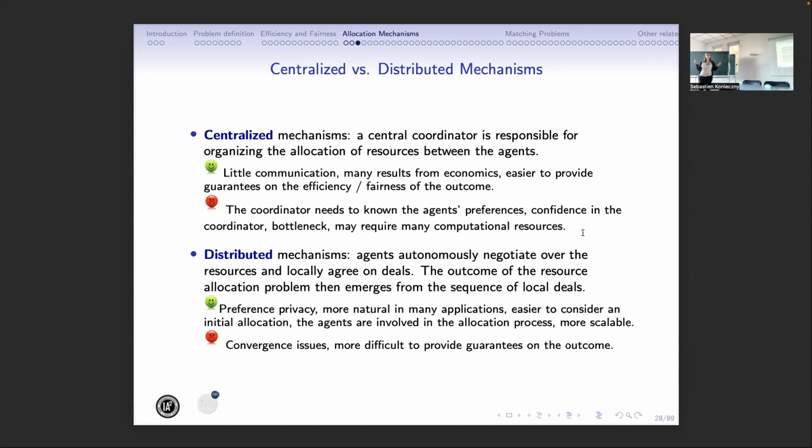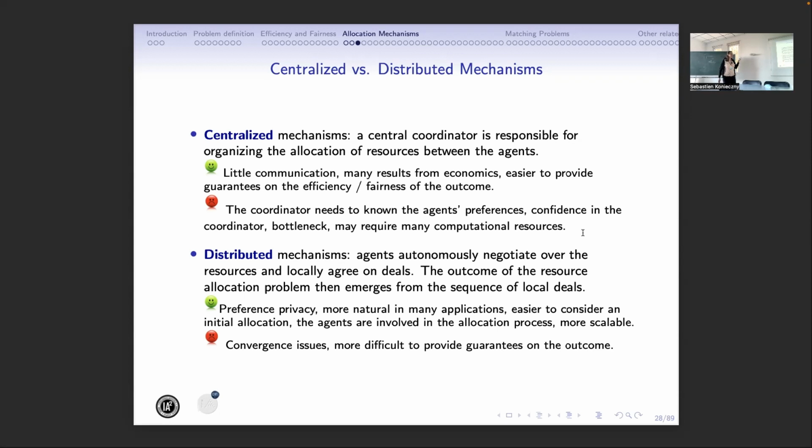So in a distributed mechanism, we start from an initial allocation and we let the agents make deals over the resources, and we expect the system to converge to a stable outcome that could provide some guarantee of efficiency or fairness about the global allocation.